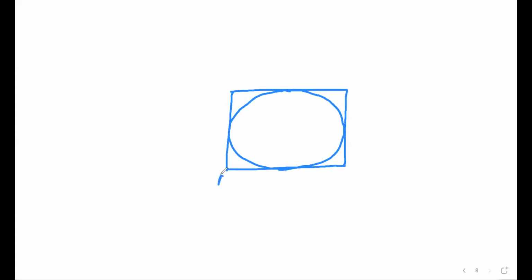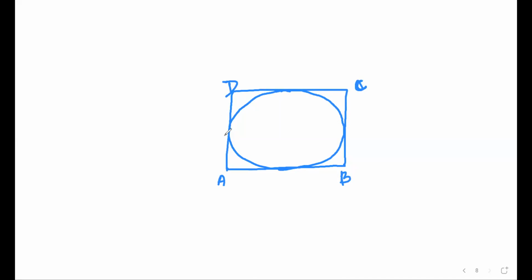So A, B, C, D, it's a quadrilateral ABCD, where quadrilateral ABCD is drawn to circumscribe a circle.